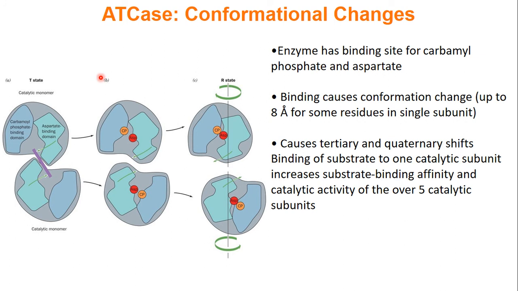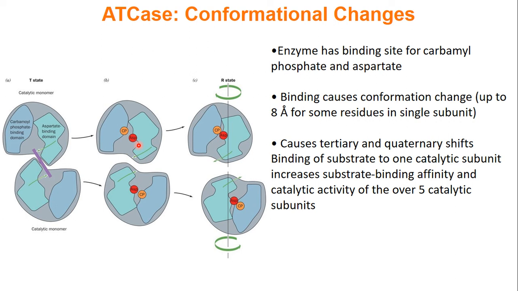Now, I said that this enzyme is cooperative, so to be cooperative, it needs multiple binding sites. So this actually has 6 catalytic subunits. And so what happens is when you bind your carbamyl phosphate, which is this orange, and aspartate, you have a large conformational change.